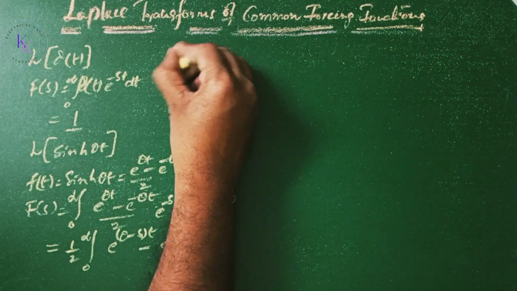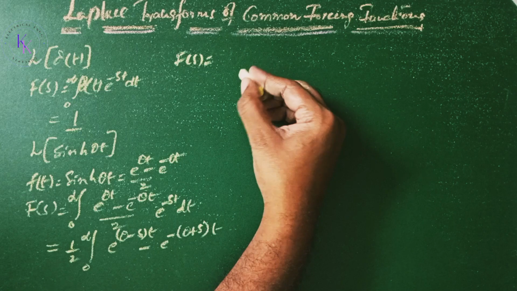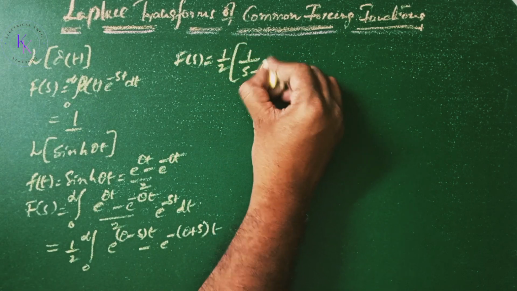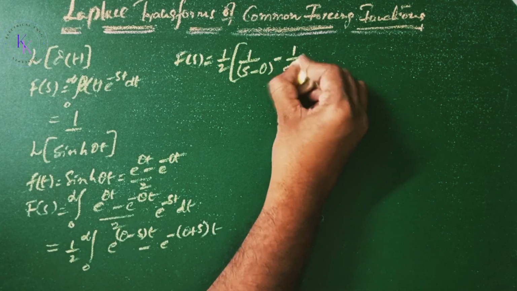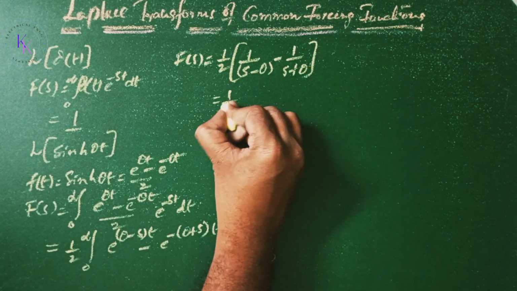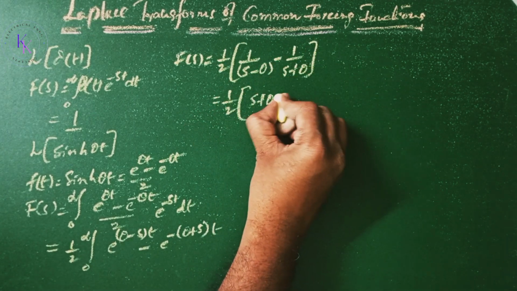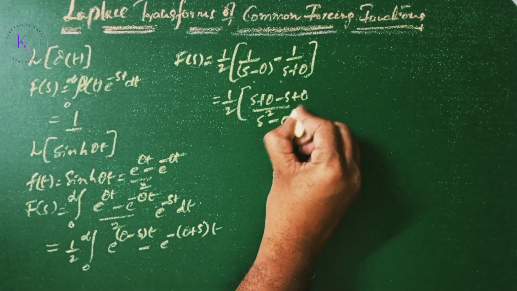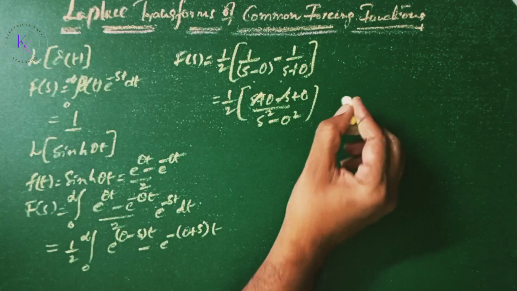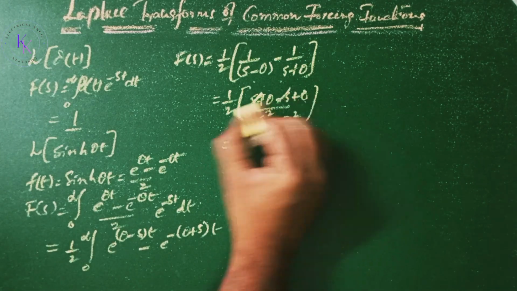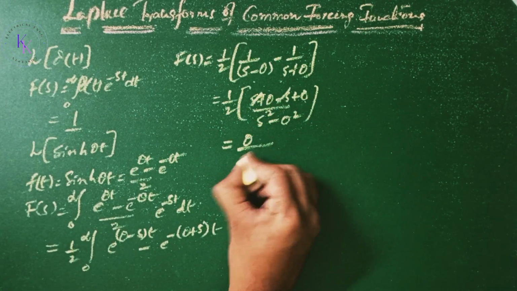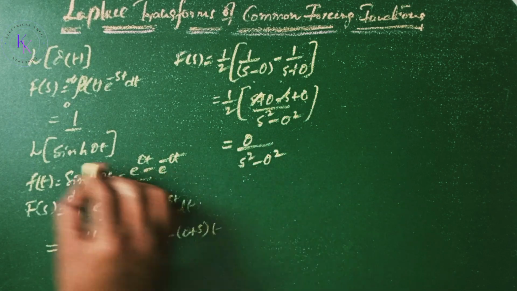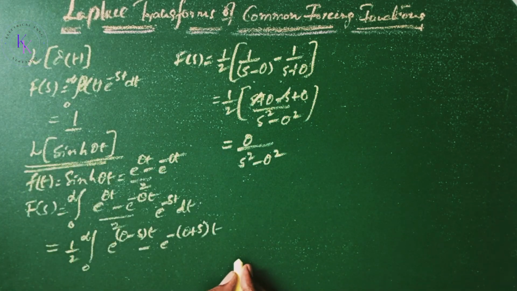Now let us solve this. F of s equals 1 by 2 of 1 by s minus theta minus 1 by s plus theta, that equals 1 by 2 of s plus theta minus s plus theta divided by s square minus theta square, that equals 2 theta divided by 2. So theta divided by s square minus theta square is the Laplace transform function of sinh theta t.